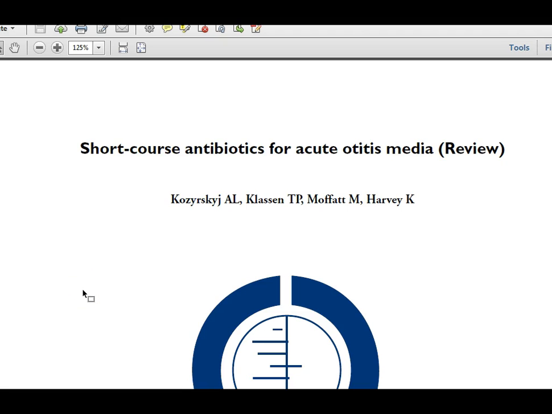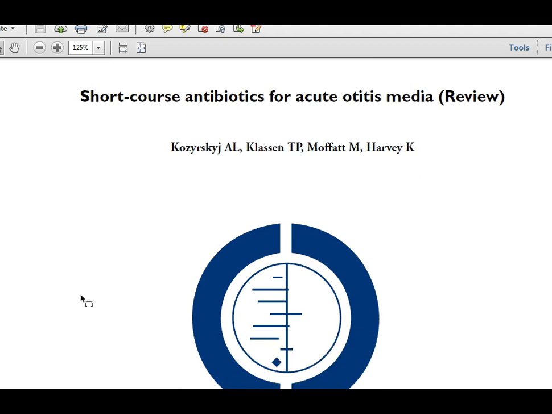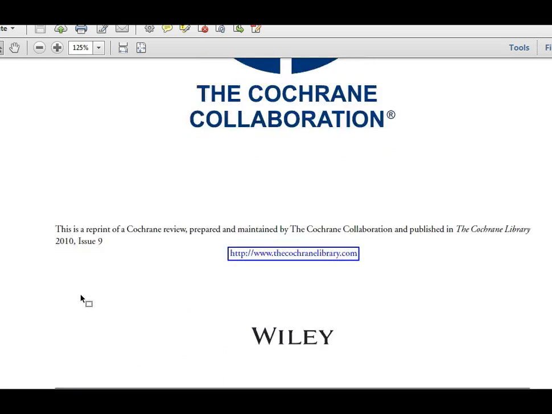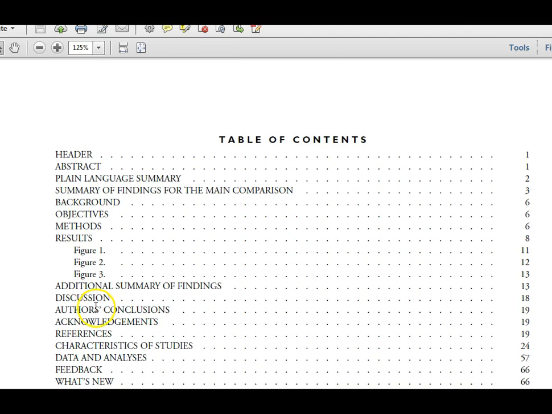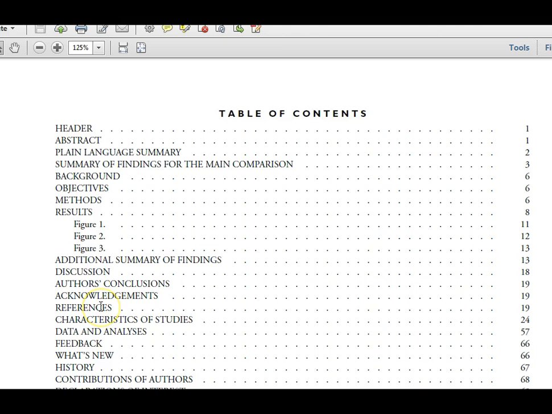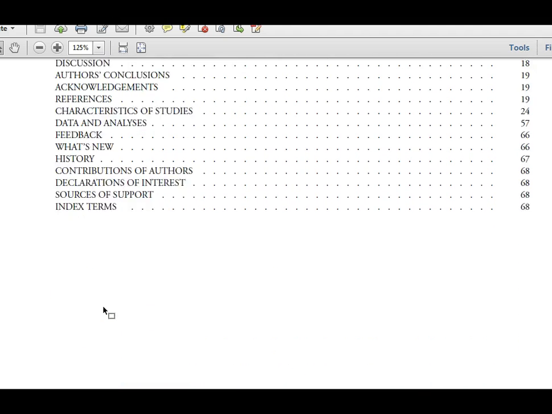So here's our Cochrane systematic review on short course antibiotics for acute otitis media. One thing about the Cochrane's systematic reviews is they're nicely laid out with a table of contents.